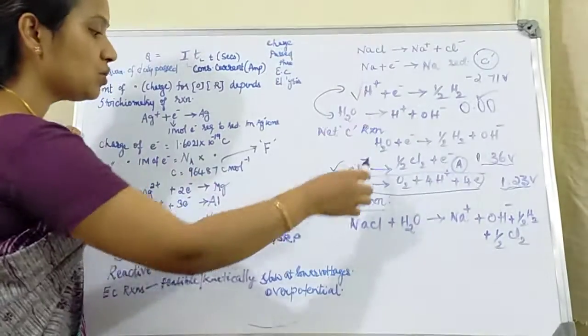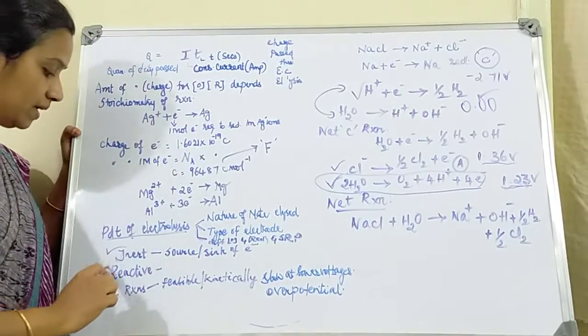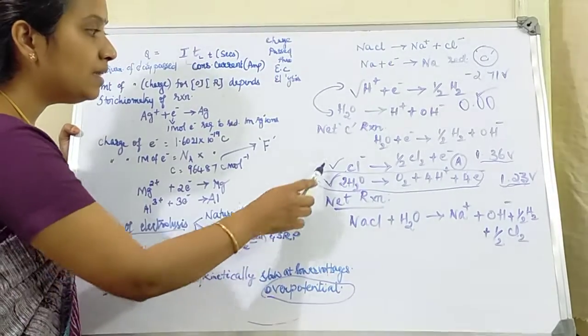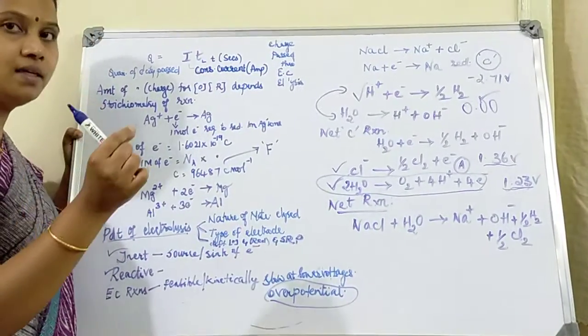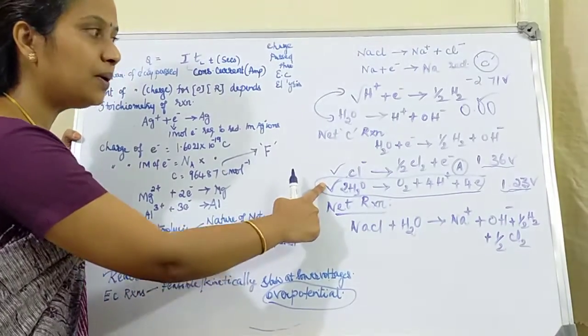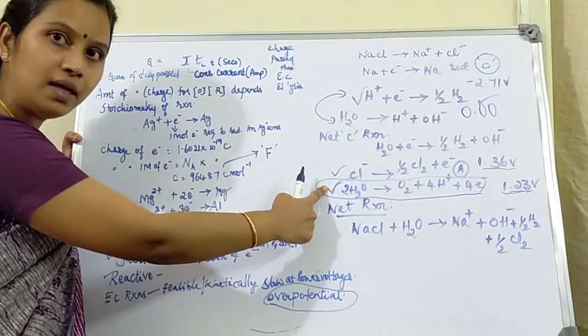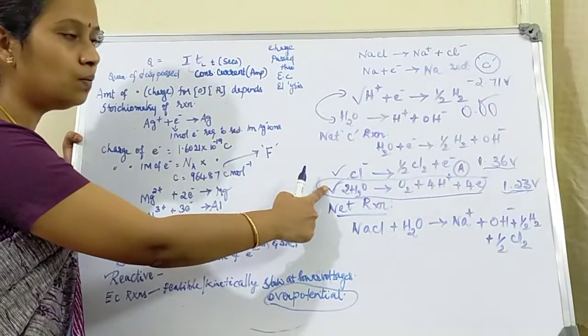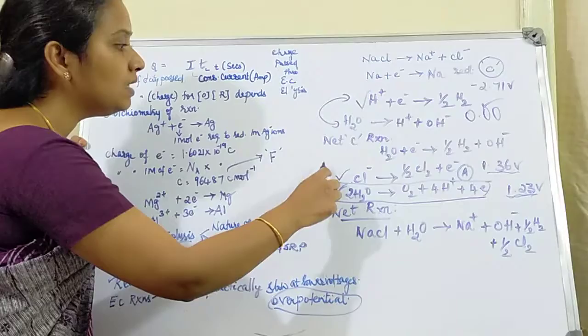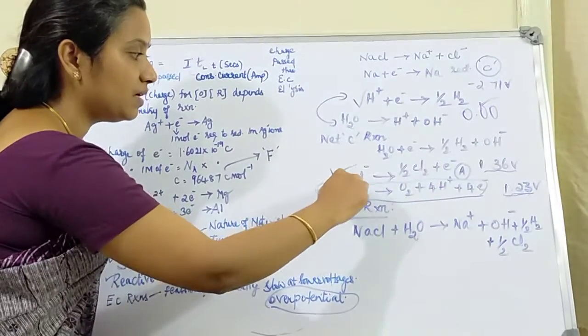Before going to the product of electrolysis, I was telling about the reactive, inert and overpotential reaction. In this too, as far as the theory is concerned, I will be telling you this reaction is preferred because this has got lower electrode potential. But that won't happen. Why? Because of the overpotential of oxygen, only this is preferred. Understood?